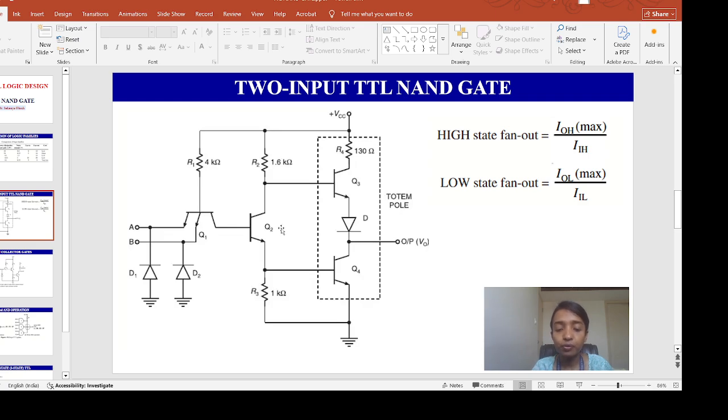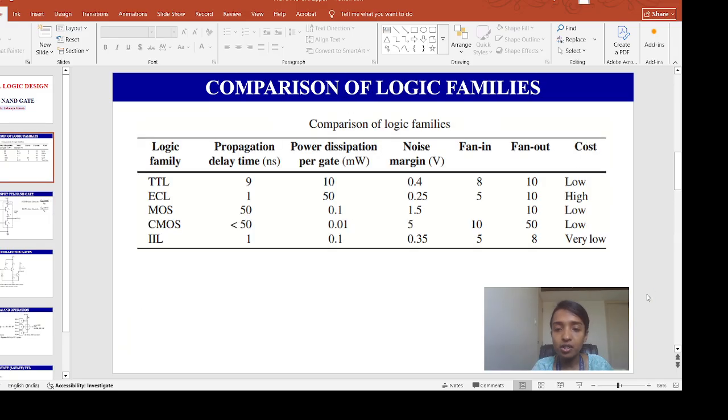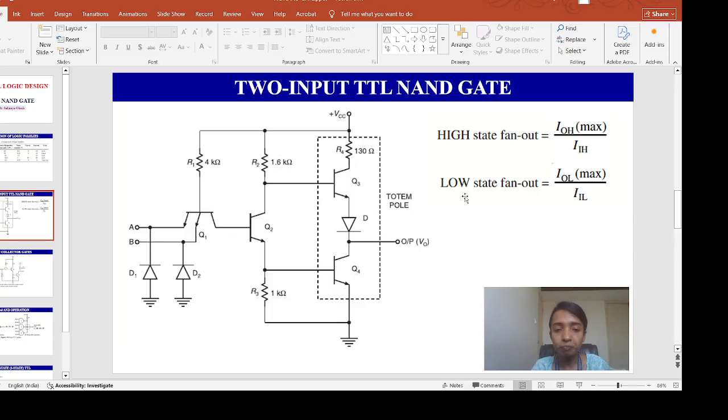We have already seen the specifications of TTL: propagation delay, power dissipation per gate, noise margin, fan in, fan out, and cost, right? So now let us understand the circuit operation.